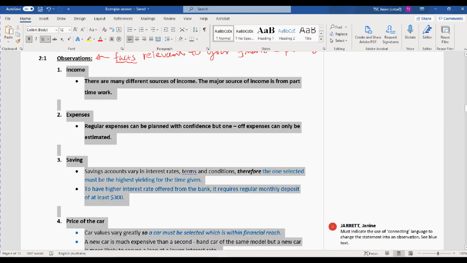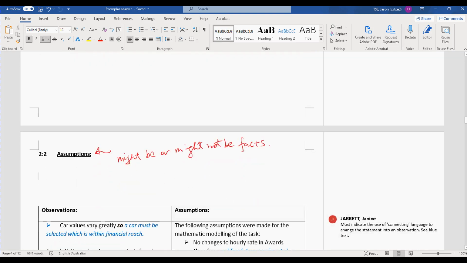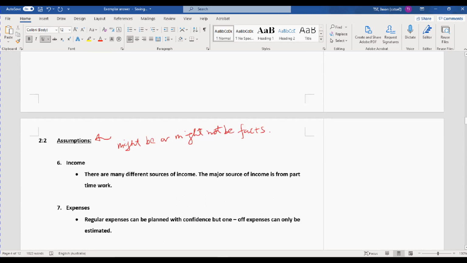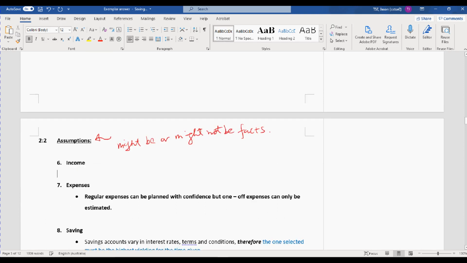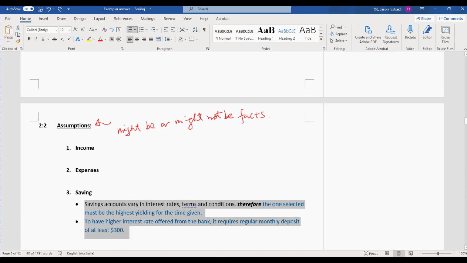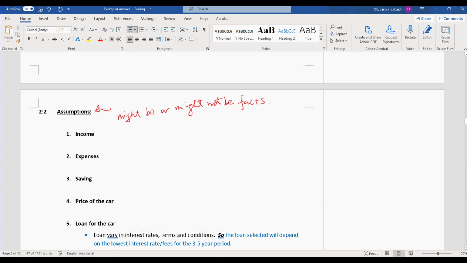So I just copy all those things there. Okay, so I just need to delete those things. These are for observations.